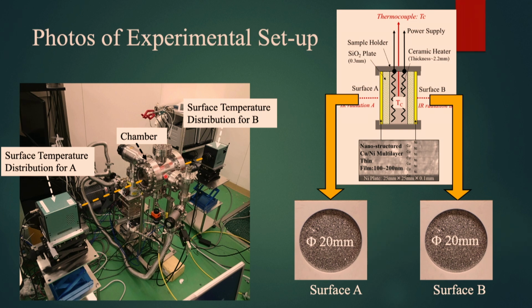This is the reaction chamber, and we have the sample holder in the center of the chamber. This figure shows the front view of the sample, surface A and surface B. So we now measure the whole surface of both samples.